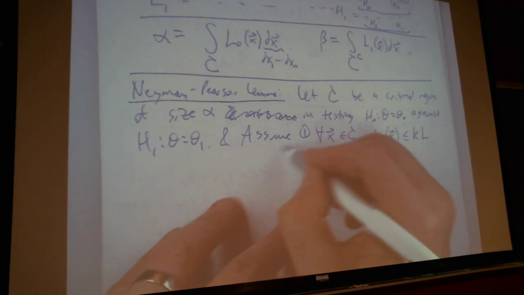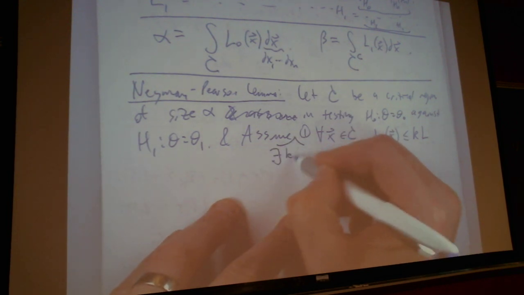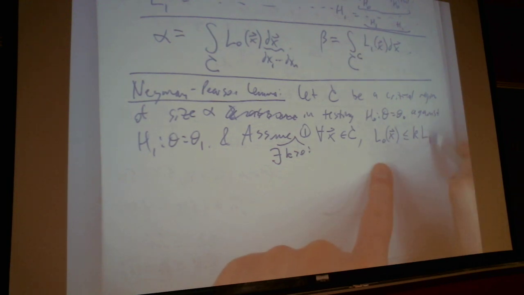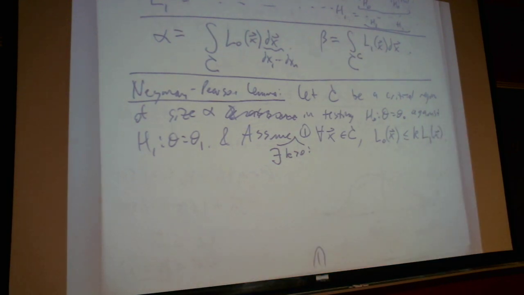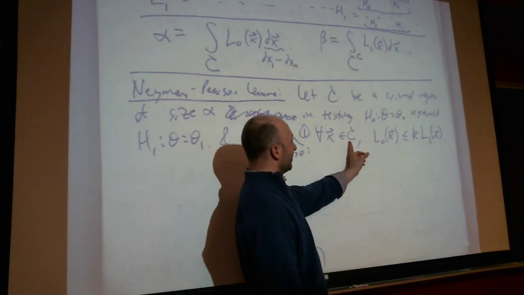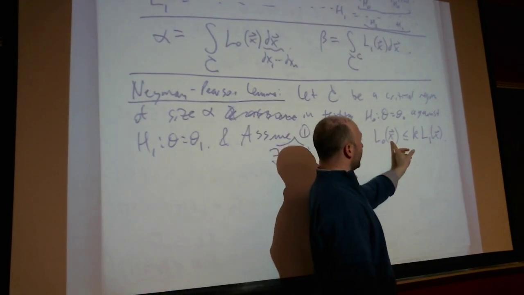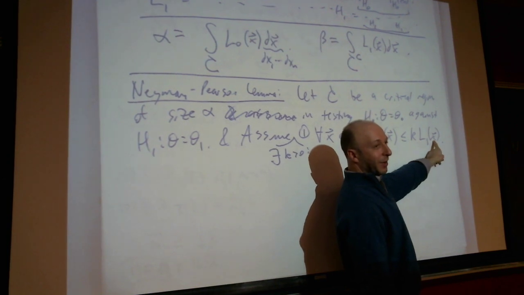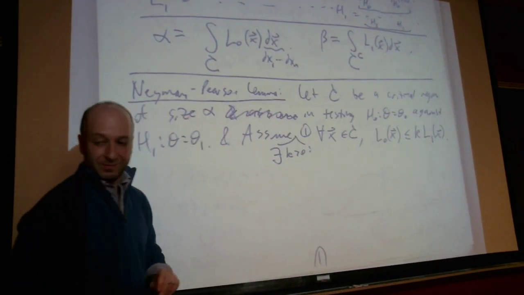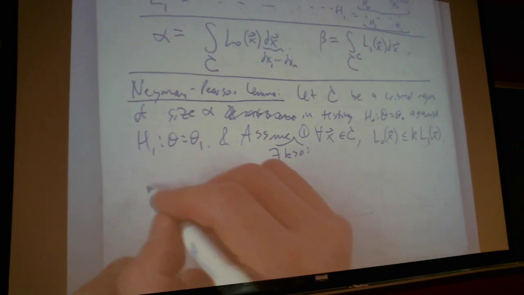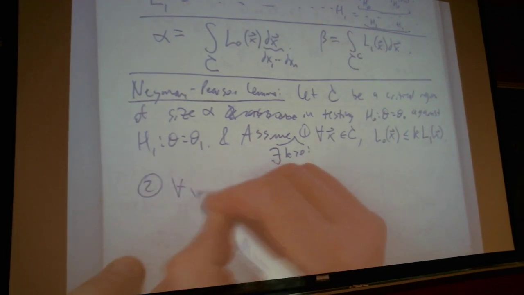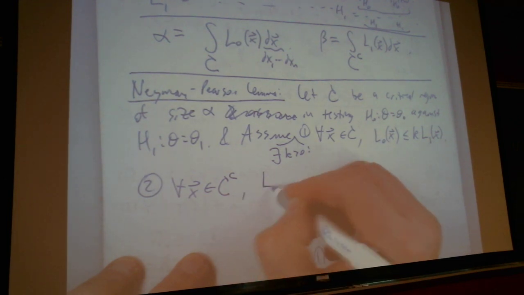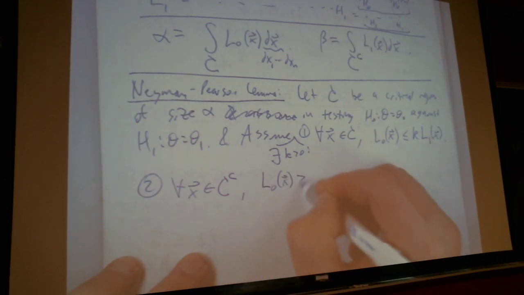So assume there exists some constant for which in the critical region the null hypothesis likelihood is bounded by that constant times the alternative hypothesis likelihood. That's assumption 1. Assumption 2, for all x outside the critical region, that ratio flips.